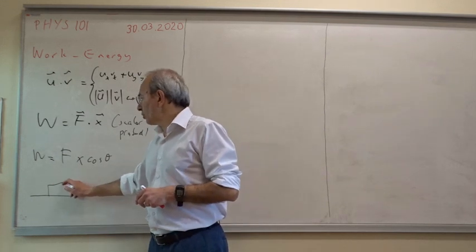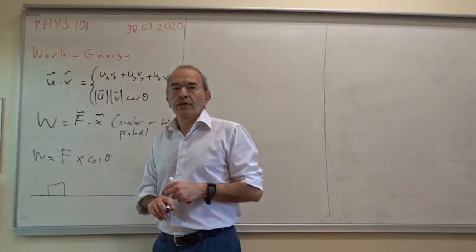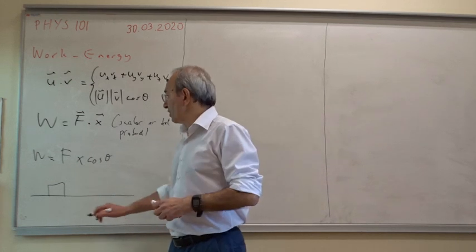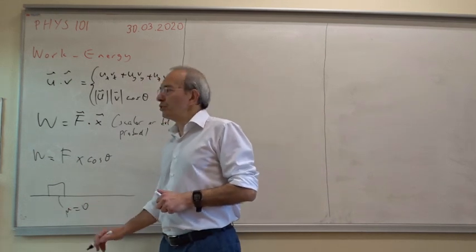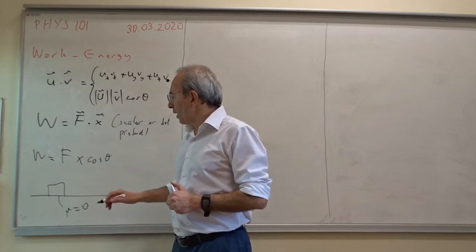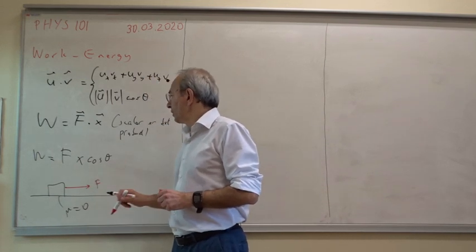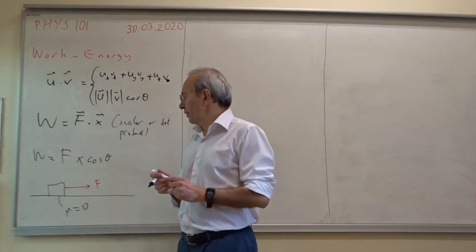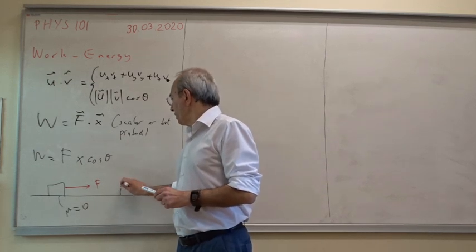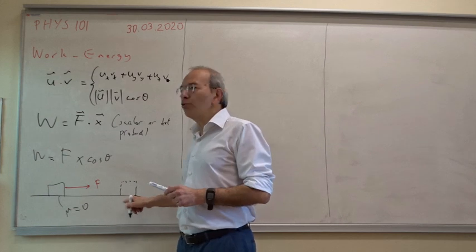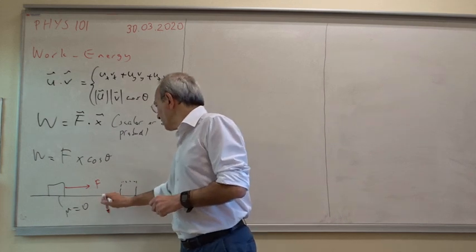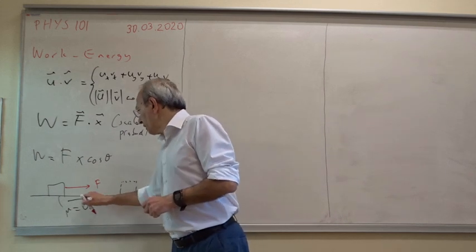we have a block on a horizontal surface, and assume there is no friction. And we try to pull it to one side by a force F. For example, we manage to move the object to a new position. That new distance is, let's say, from the beginning, x.